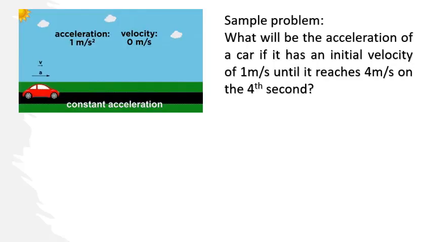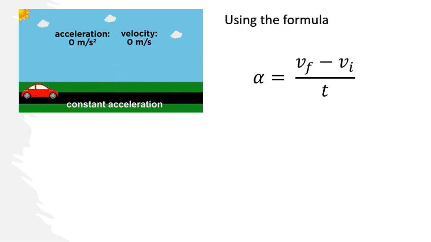A sample problem. What will be the acceleration of a car if it has an initial velocity of 1 meter per second until it reaches 4 meters per second on the fourth second? Using the formula for acceleration, the final velocity minus the initial velocity altogether will be divided by the time.